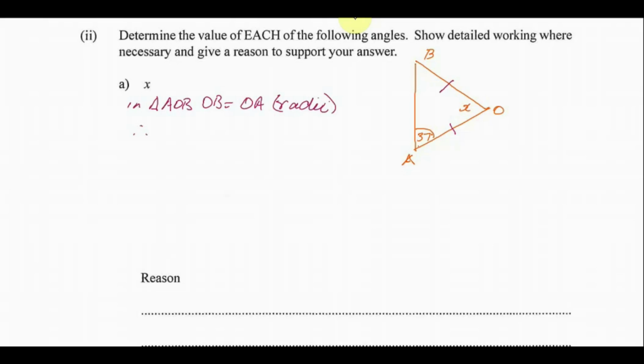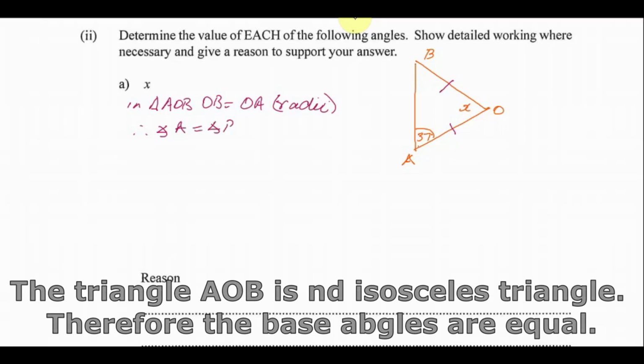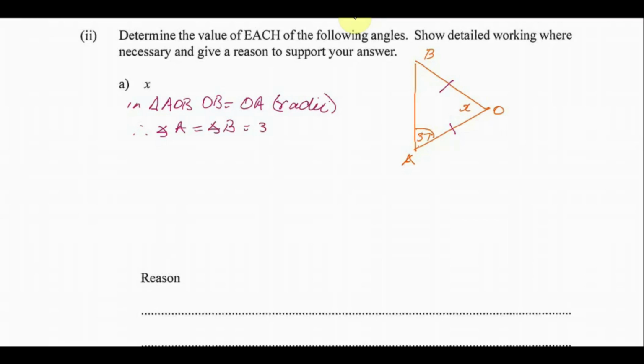Therefore angle at A is equal to the angle at B, which is equal to 37 degrees. And the other fact we know is that the sum of the angles of a triangle is 180. So we write that out, that x plus 37 plus 37 is equal to 180 degrees.